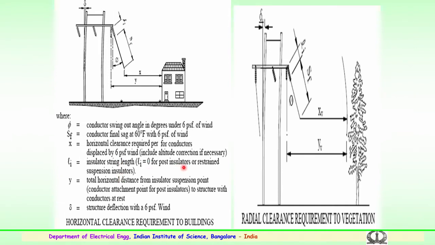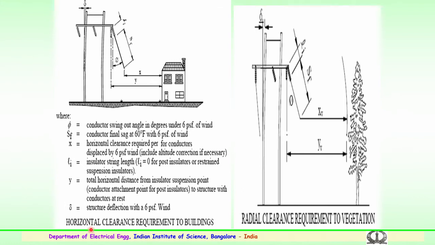Li is 0 for a post insulator, because if you use a single rod insulator this could be considered as 0, or restrained, equivalent to suspension insulators. So, y is the total horizontal distance from the insulator suspension point. Then delta is a small shift in the structure deflection. This happens because of heavy winds or because of the movement of the conductors and the insulator string.